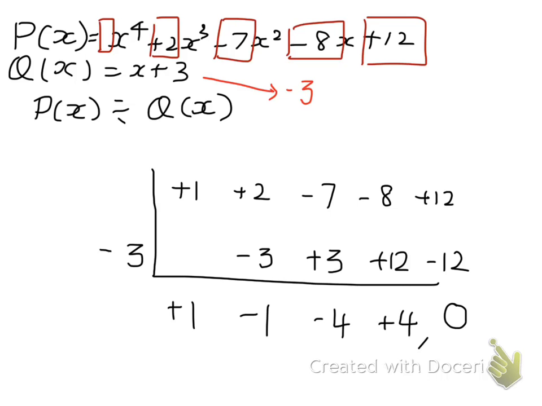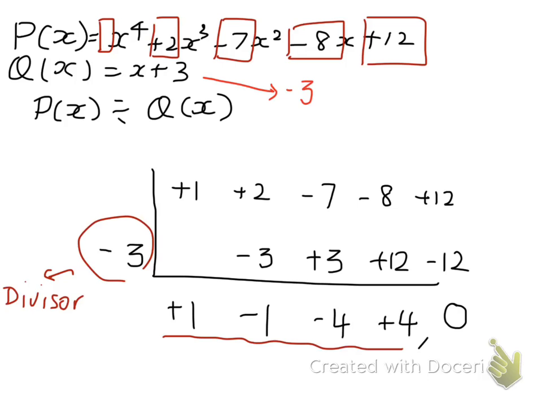Okay, so what are we trying to say with these numbers? Remember, this is your divisor. Let's just call that the divisor. And all this is the quotient. And this is the remainder.